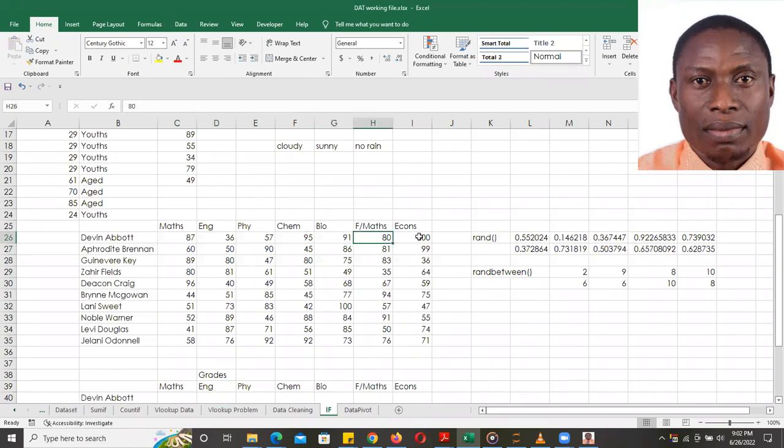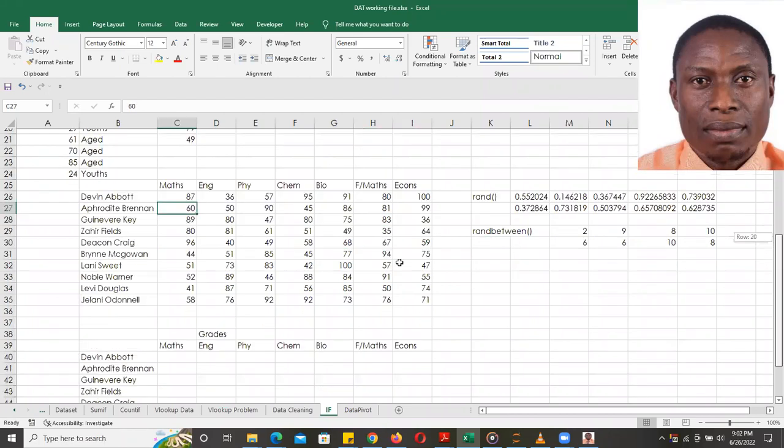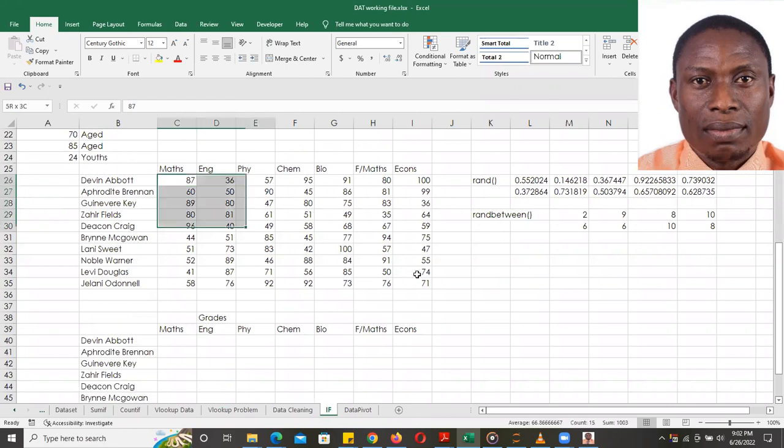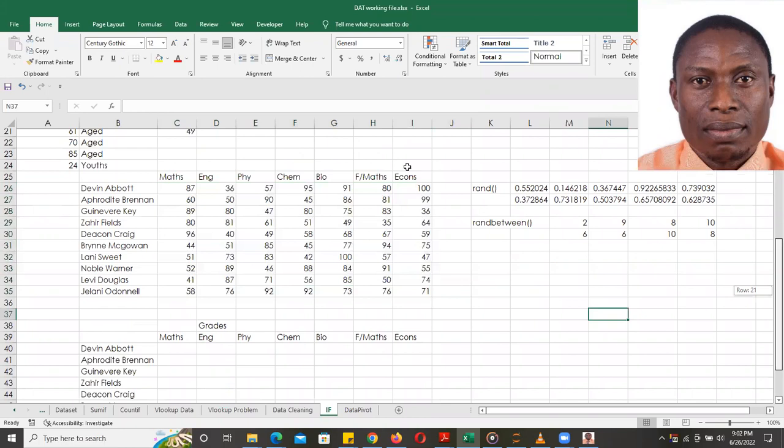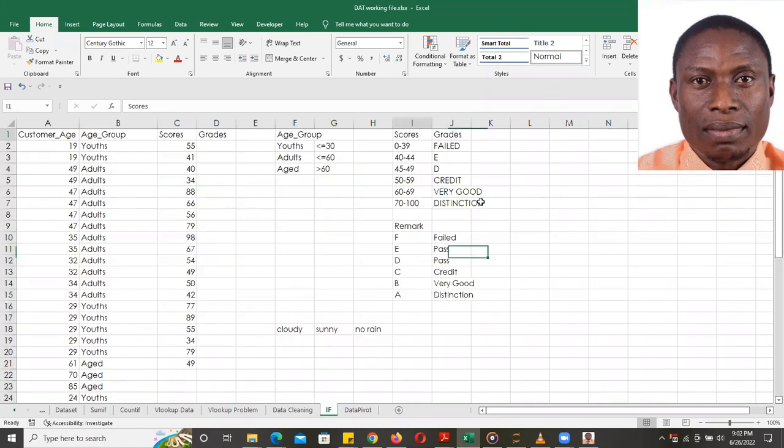All right. Beautiful. So let's just use this. We are using these numbers. We assume that these are their scores in all these courses, right? And we have the grades. So let me just bring this grade down.